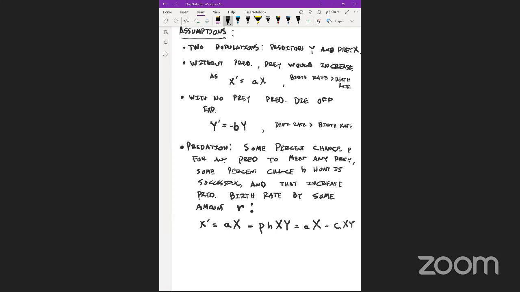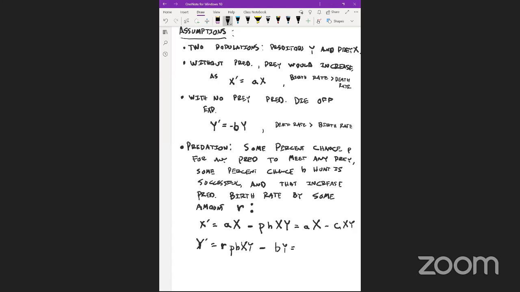And similarly, Y prime, we have the increase in the population is going to be given by whatever the effect that successfully hunting has on the rate. So rate times the probability of successfully meeting and successfully hunting times XY, minus B, the background mortality.